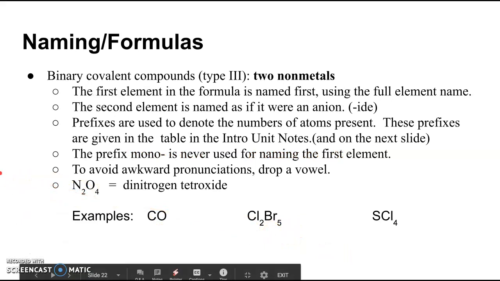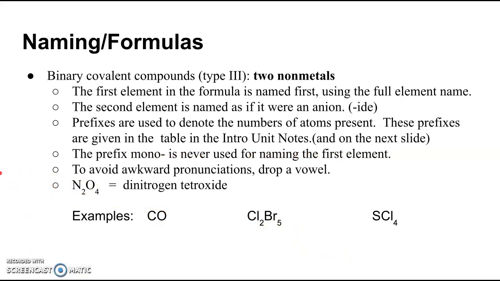All right, next. The next type is binary covalent compounds, and this is where you have 2 nonmetals. So 2 elements that are in the upper right of the periodic table. So this is a different naming method. The first element in the formula is named first using the full element name, so you don't change it. The second element is named as if it were an anion, so you give it an "ide" ending right here.